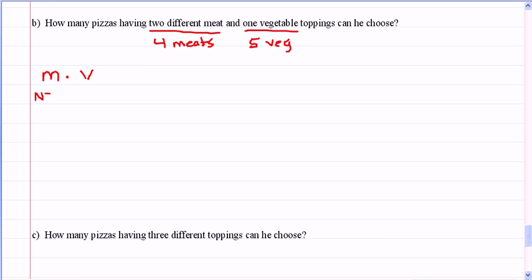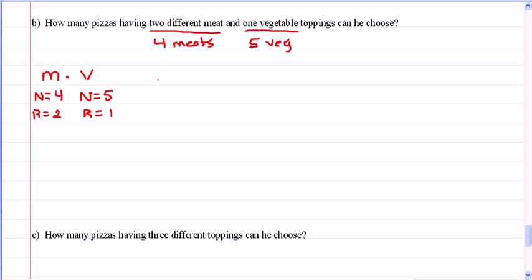Our n for meats is equal to 4. Our r is 2 because we're only choosing 2. For our vegetables, we can choose from a selection of 5 different vegetables, but we only want 1, so our r is equal to 1.